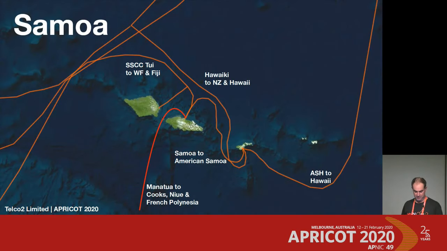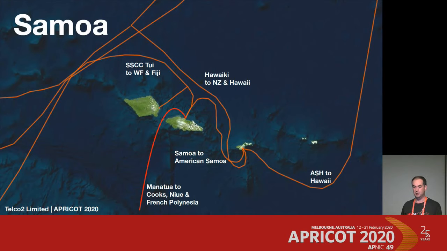Samoa. Now, Samoa is how big? 100,000 people fewer than Vanuatu, only 200,000 people in Samoa. But they're interesting because they're becoming a bit of a cable hub for the South Pacific. They're sitting right next to American Samoa.